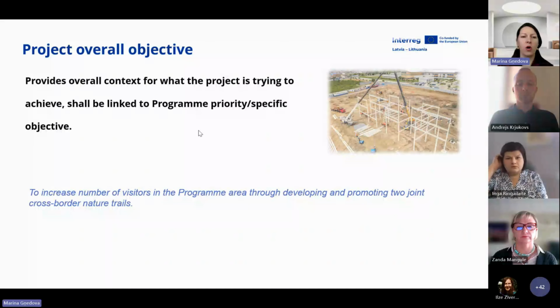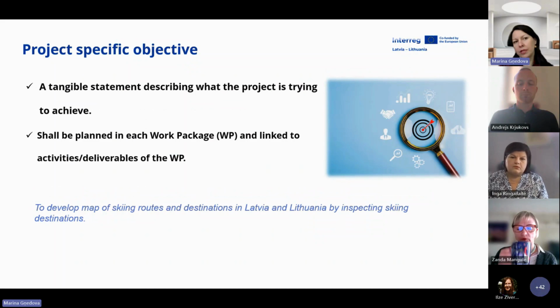Then, if we go to the next level, each project must have its specific objectives. And from the title, you might guess that this specific objective must already say in detail what will be achieved in a particular work package, and approximately you can understand what the activities will be.